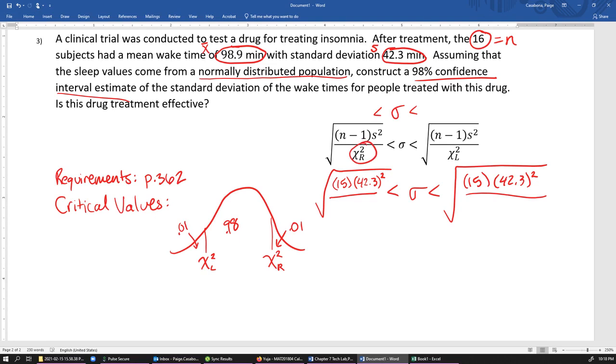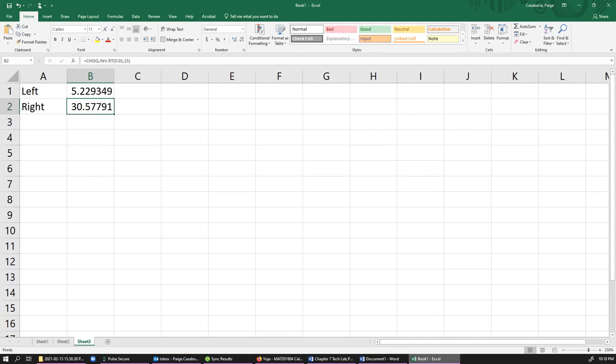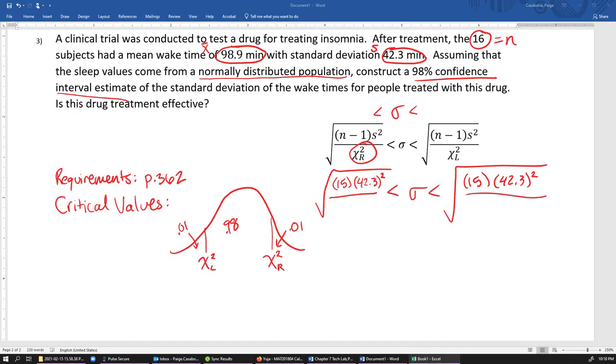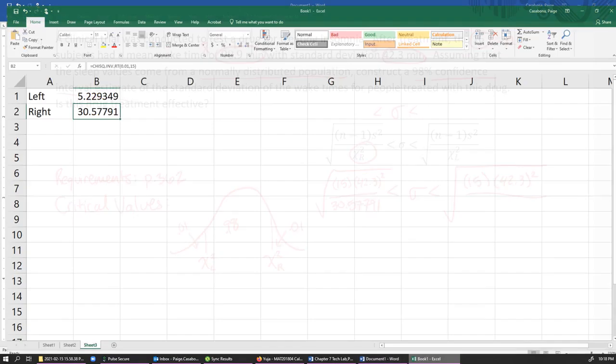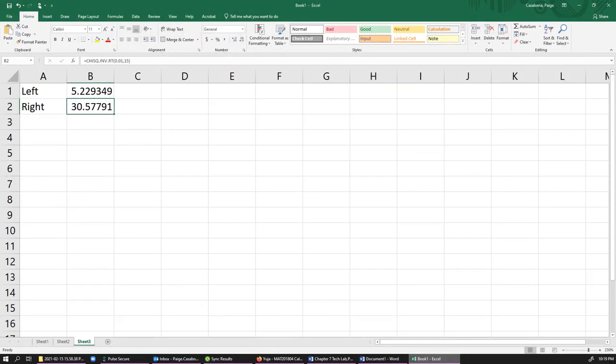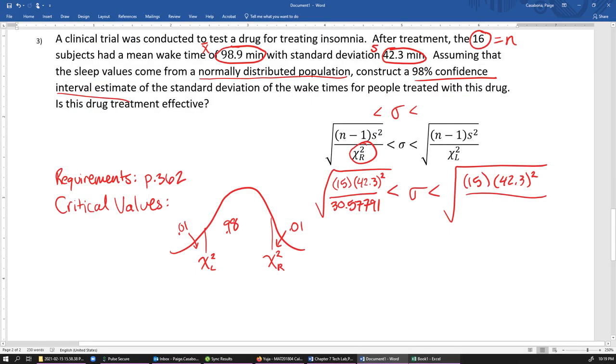Now notice that the lower bound has the right critical value. That is the larger of the two. In this particular case, that was this 30.57791 value. And the left one is in the upper bound. That's the smaller of the two numbers, 5.229349.